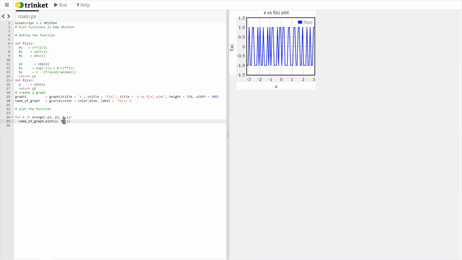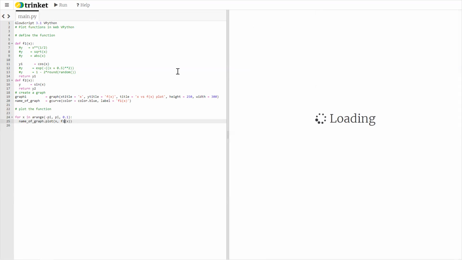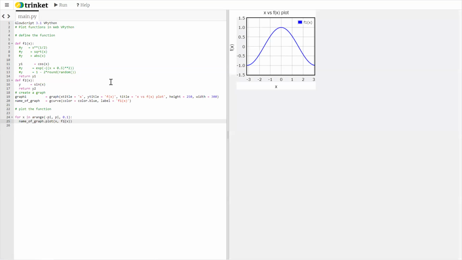In plotting this, we just call f1, and then for sine x, we use another plot. We label this as f2 of x, and then we change the color attribute to green.